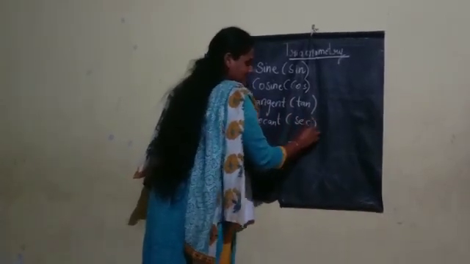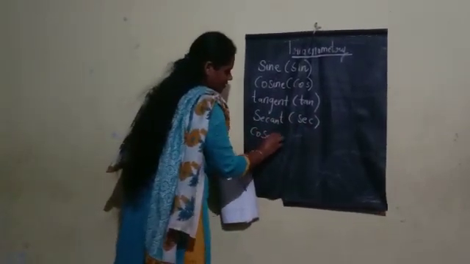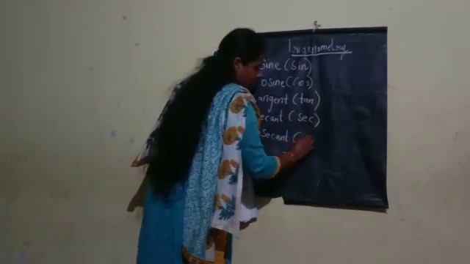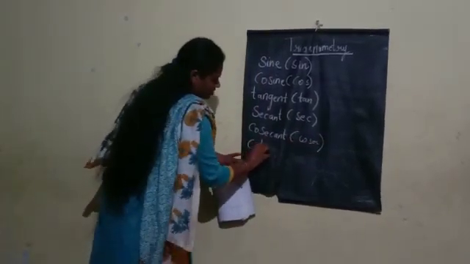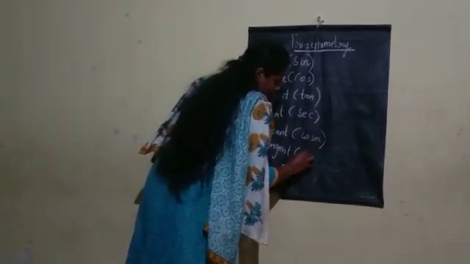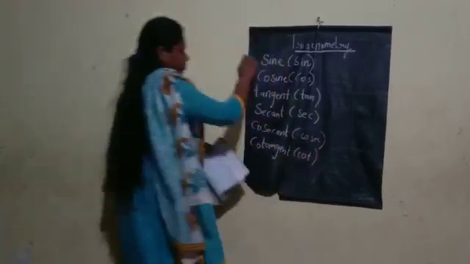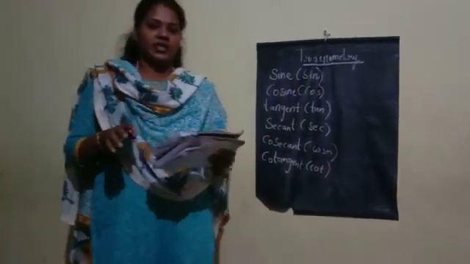We shortly write it as sec. Cosecant. Next one is cotangent. We shortly write that as cot. So these are the basic 6 functions of trigonometry.